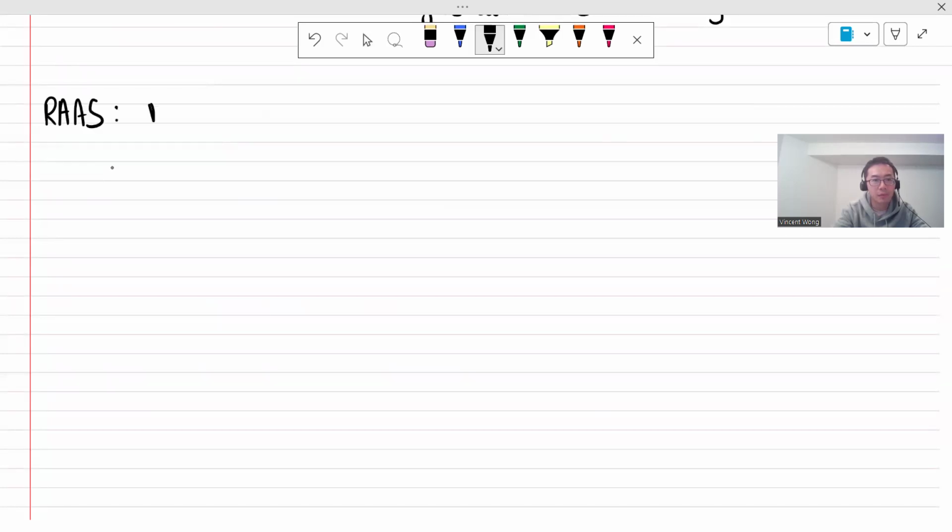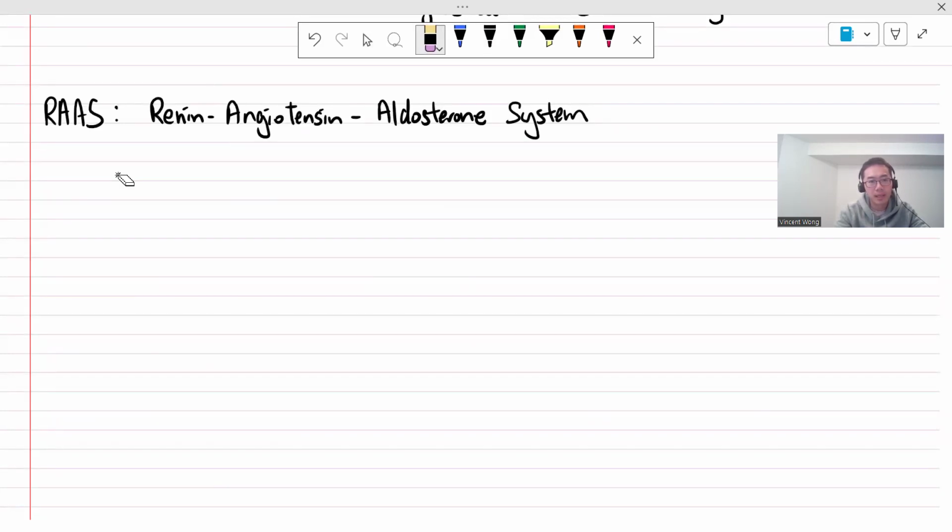And so this is RAS, RAAS, which stands for renin, angiotensin, aldosterone system. Renin. Angiotensin: angio, like your angiogram, and tensin.